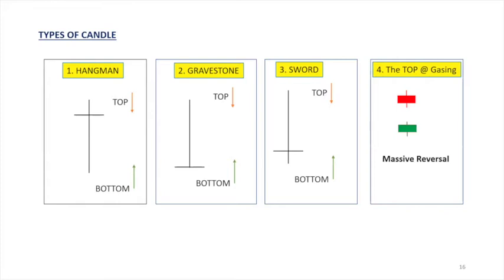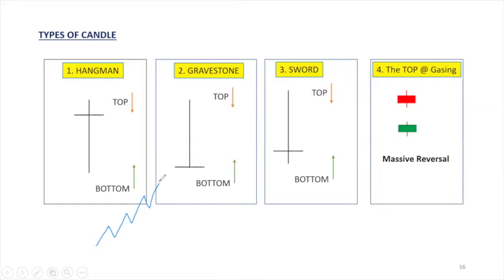Another thing, a lot of people just follow this by saying that when the market is going uptrend, for example, let me draw something here. Let's say the market is going up, going up here.